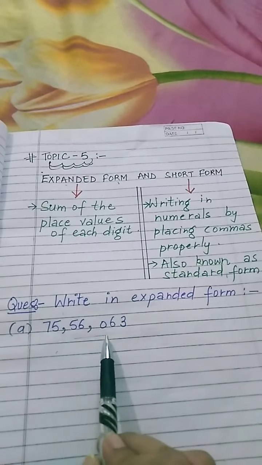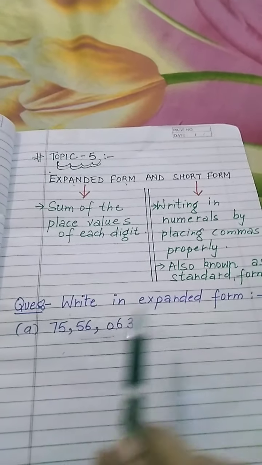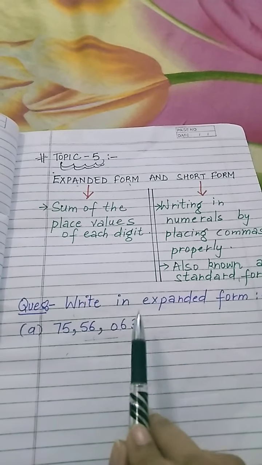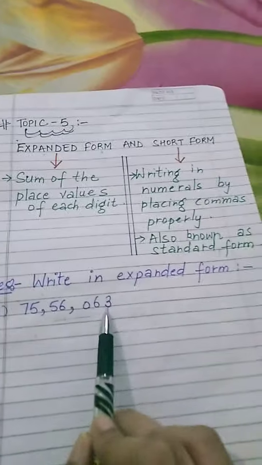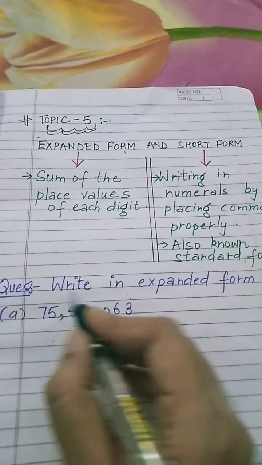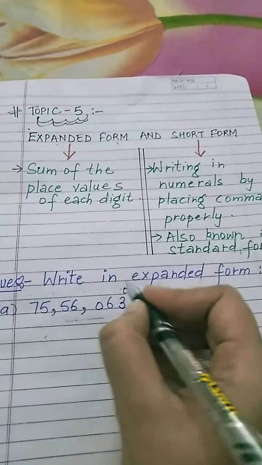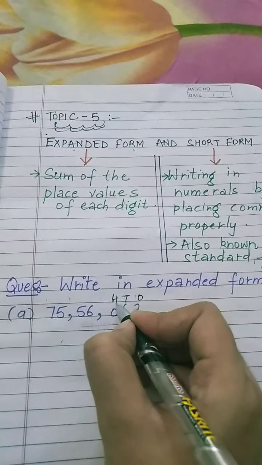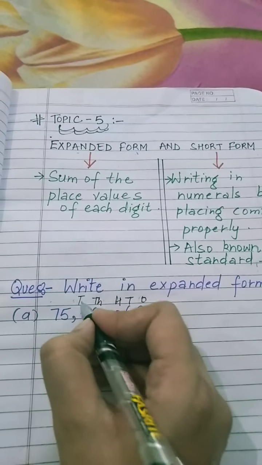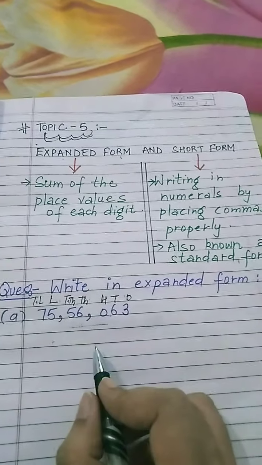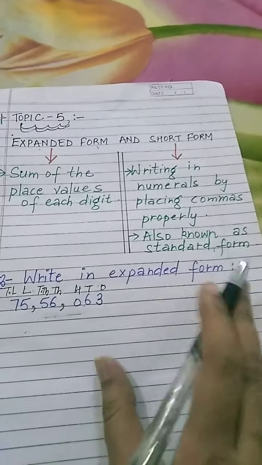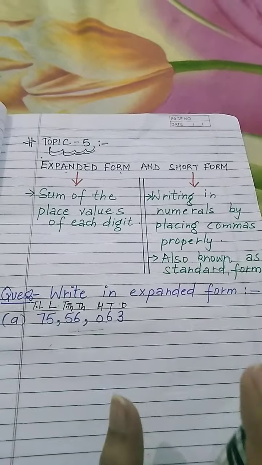So to convert this number into expanded form, we will calculate the place value of each and every digit. First of all, write down the places over each digit: ones, tens, 100, 1,000, 10,000, lakh, and 10 lakh. Now we will calculate the place value of each digit, and you know how to calculate the place value.